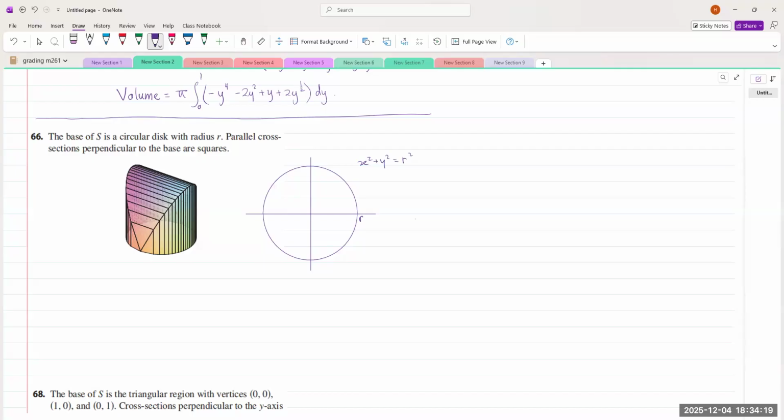Now, it says that the parallel cross-section perpendicular to the base is a square. In other words, if I do the cross-section for a typical x, I will get a square. What square are you seeing, Thomas? It's this one here. If I pick one of the cross-sections, it will be this square here.